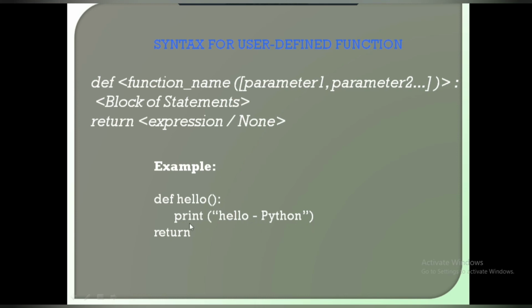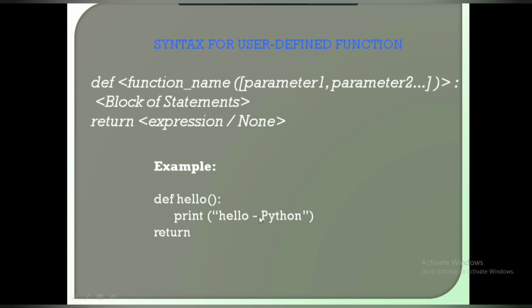Here the print statement is used to display the content on the monitor. I just print one message, that is hello Python. We already know the string content can be specified within the double quotes. Either we can use double quotes, single or triple quotes.